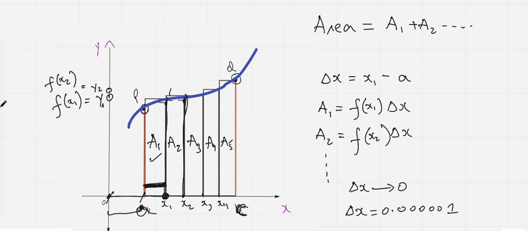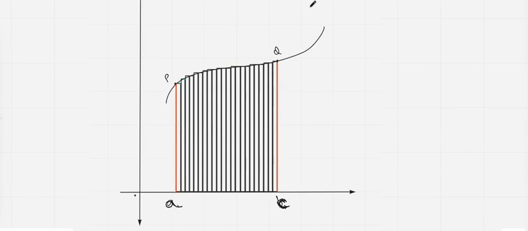So if I shrink my width, this is going to minimize the error. It looks something like this. I increased the number of rectangles, so let n be the number of rectangles. I'm increasing them so much that they are tending towards infinity.